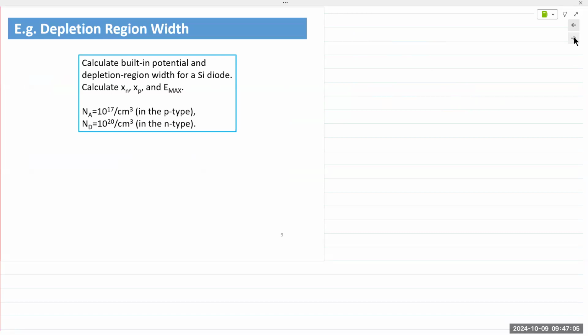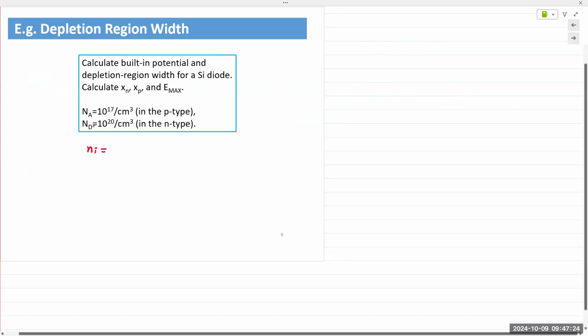Okay. So calculate the built-in potential, the depletion region width, Xn, Xp, and Emax, given that donor atoms and acceptor atoms are 10 raised to 17, 10 raised to 20. We need Ni. Ni for silicon, the intrinsic concentration, is 10 raised to 10 atoms per centimeter cube at room temperature. Vt, thermal voltage, is 25 millivolts. And what else?